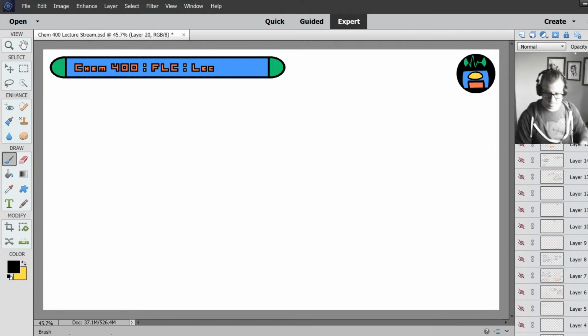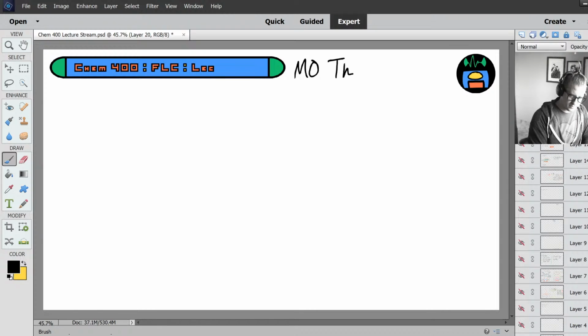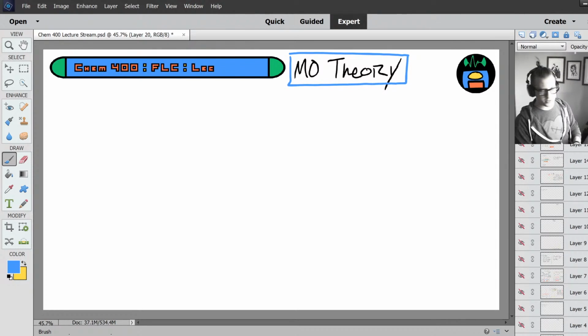So at the end of lecture here, we're going to introduce something called molecular orbital theory. You'll recall that when we started talking about Lewis structures, I said we were going to restrict our discussion of drawing Lewis structures to the main group.